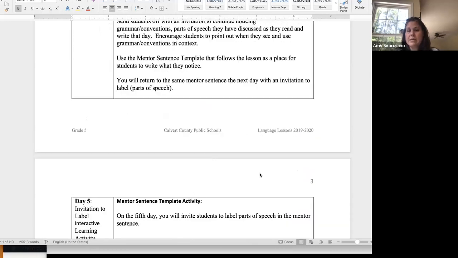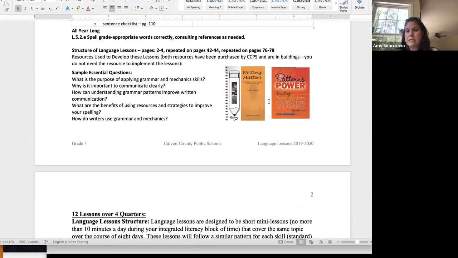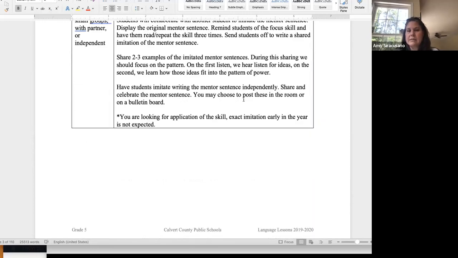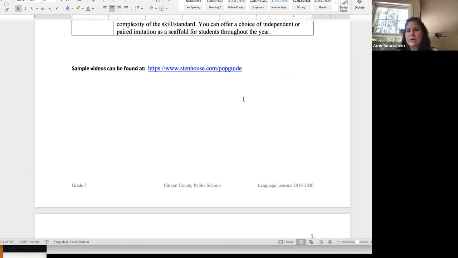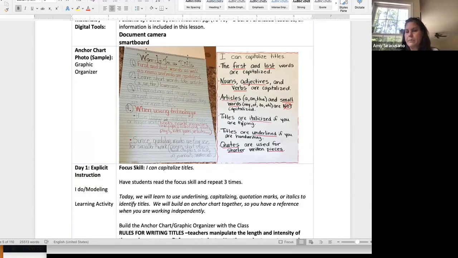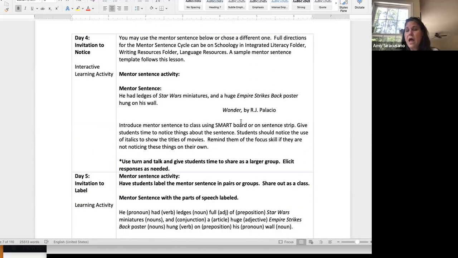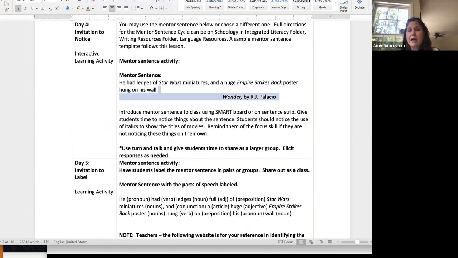And then what we did is we had 2 resources. We used this resource and this resource to then put together lessons to give them ideas of what they could do to support students and some sample anchor charts. So it was a lot. And we pulled out mentor sentences from texts that we were reading within our scope and sequence for comprehension, so that we were trying to tie as much of this together as possible.